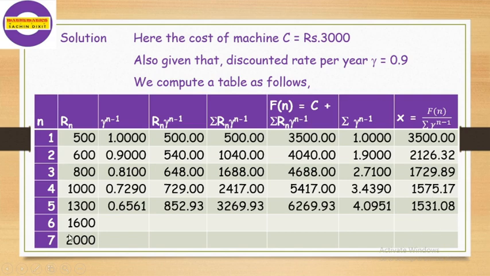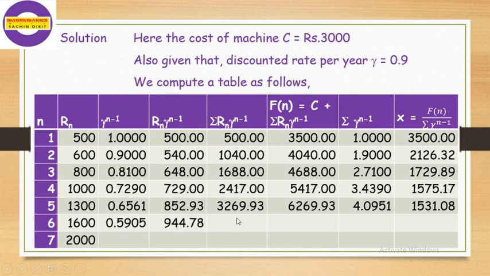Next year maintenance cost is 1600. Then we have to calculate gamma raised to n minus 1. Here gamma is 0.9, n equals 6. 6 minus 1 is 5. So 0.9 raised to 5, we get 0.5905. We multiply it by 1600, so we get Rn into gamma raised to n minus 1 as 944.78.